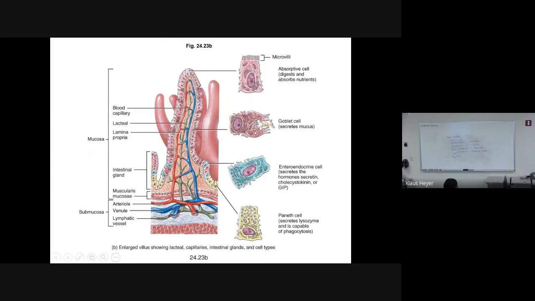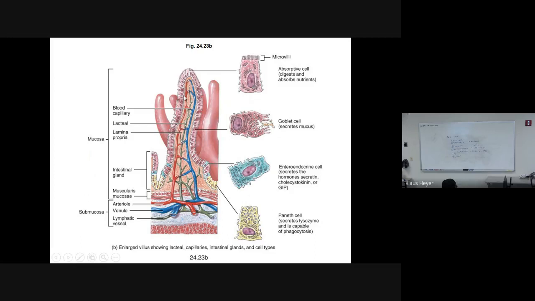So the lipids are going to enter the lacteal, and the carbs and the proteins are going to enter the blood. There are three types of energy that you get from food: carbs, lipids, proteins. Carbs and proteins go into the blood. Lipids, for the most part, go into the lymphatic system.